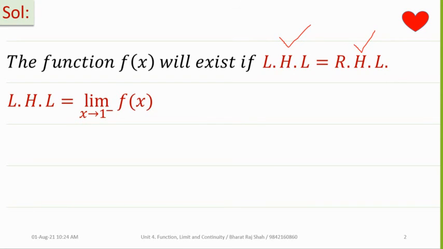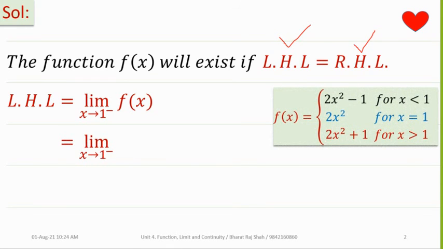1 minus means we have to choose that function which is defined for x less than 1. So wherever x is less than 1, we have to pick up that function. Which function is to be taken? We have to take that function which is defined for x less than 1, right? So let's see.